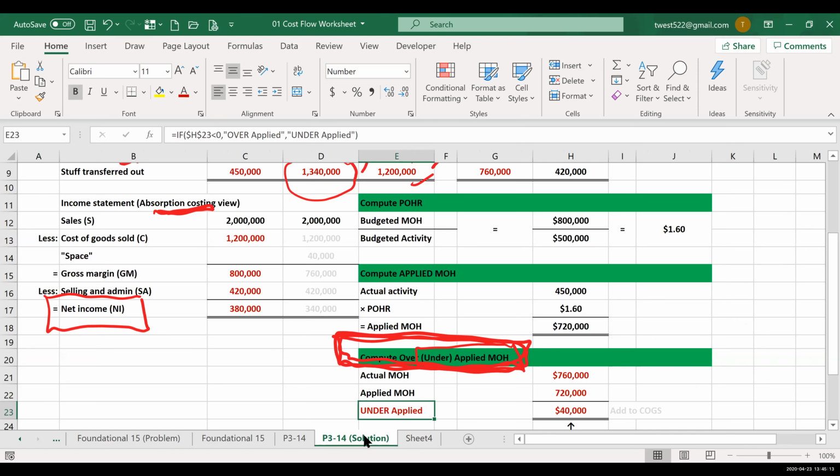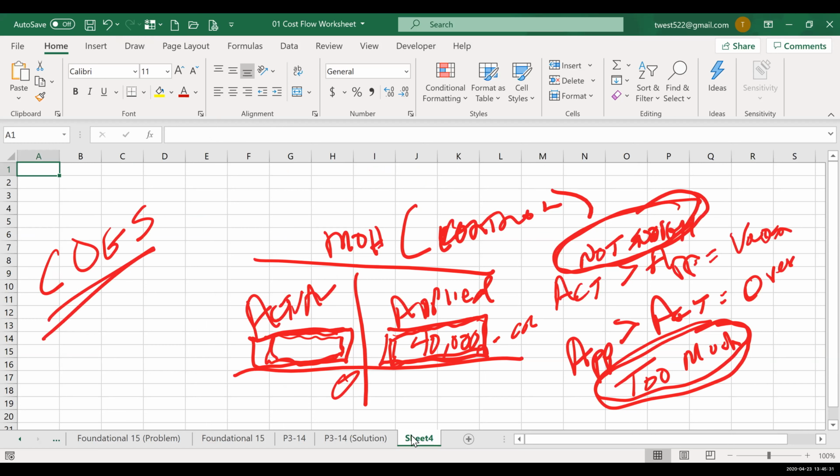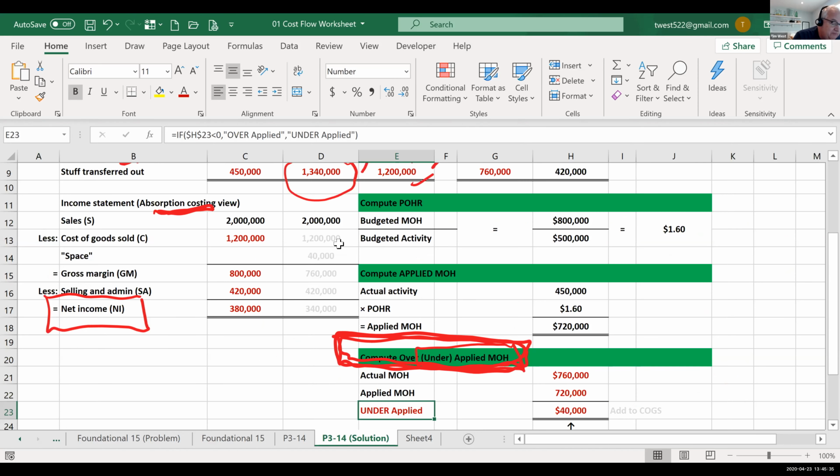So if that's the case, if I come over here and apply more, that's a credit. Yep, exactly. And the offsetting amount to that is going to be cost of goods sold. Yes. And so that's what you see up here in this income statement, because the 120 and the 420 remain the same.